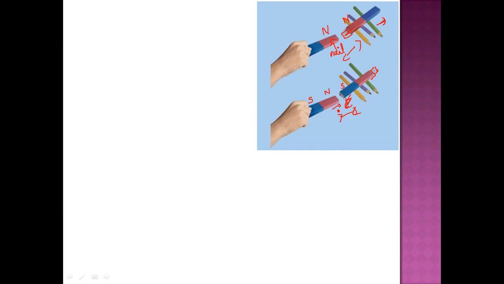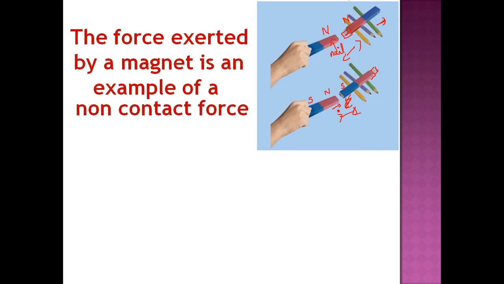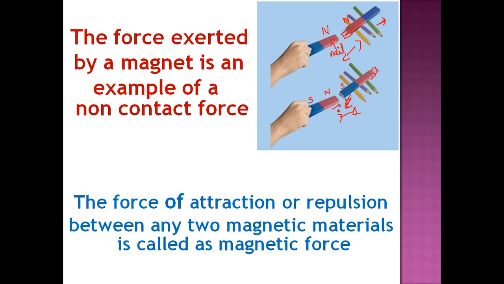So, the force of attraction or repulsion between any two magnets or magnetic materials is called magnetic force. Now, is there a contact between these two, children? No, there is no contact. Therefore, magnetic force is an example of a non-contact force, and the force of attraction or repulsion between any two magnetic materials is called magnetic force.